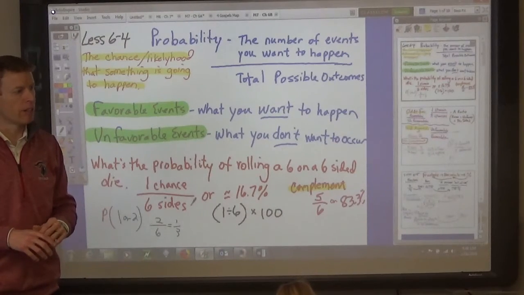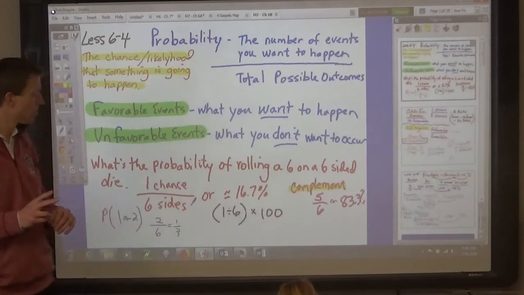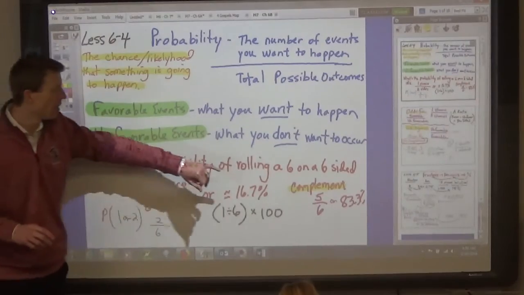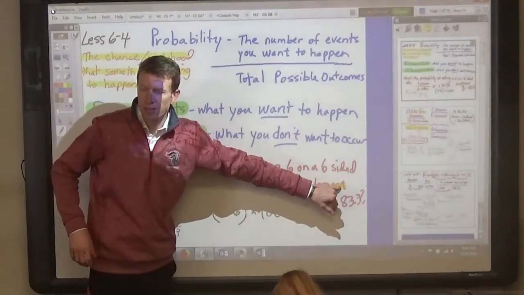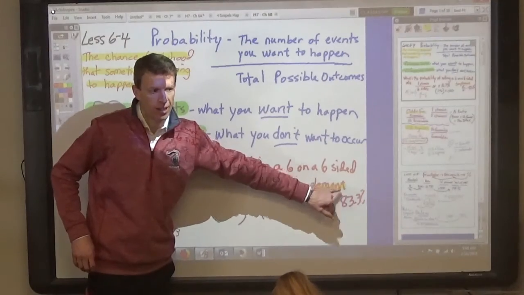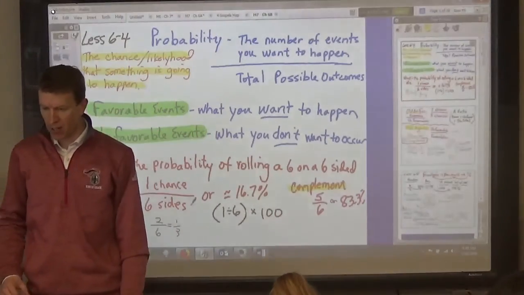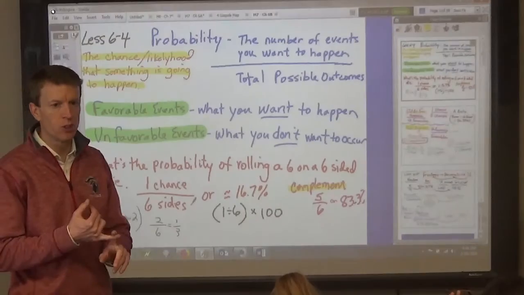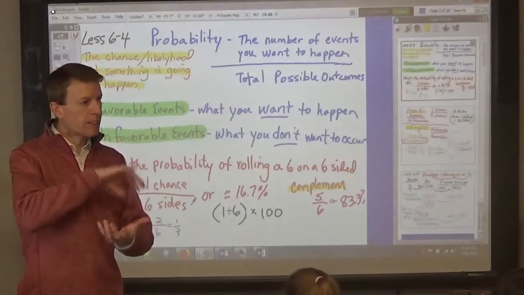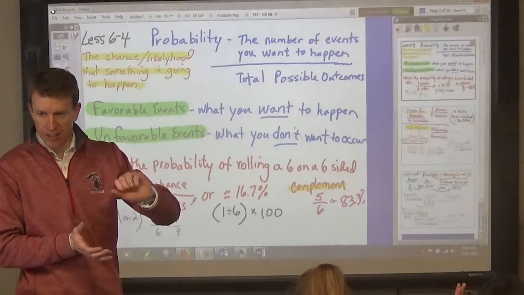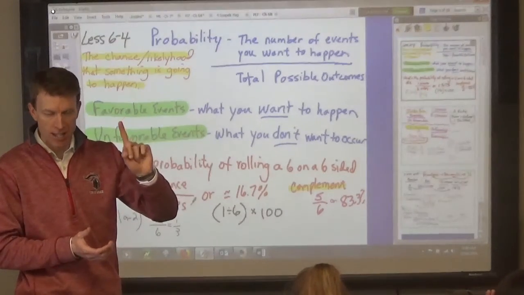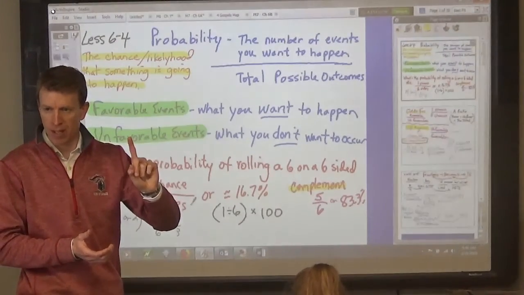Yeah. What probability is? Then, there is something that goes with probability, and that's the word complement. Okay? So make sure you have that in your notes. The word complement refers to the opposite happening. So if you want to roll a 6, there's 1 chance out of 6 that it will happen.